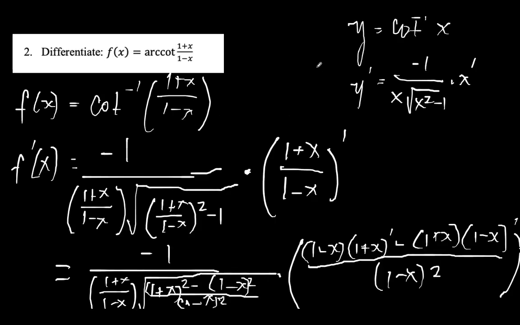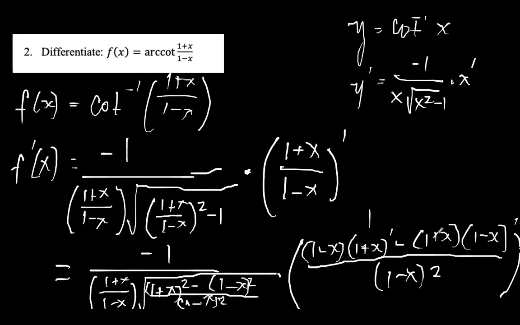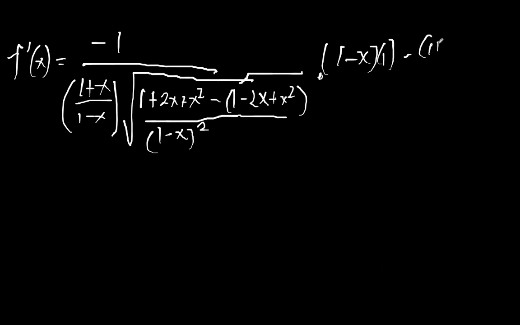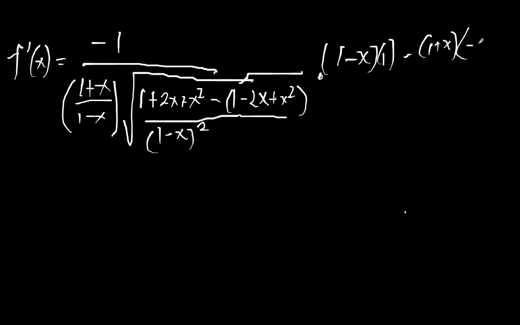Okay, and let's simplify this, the quotient rule. So this becomes 1 minus x times the derivative of 1 plus x, which is 1, minus the derivative of this, which is negative 1, times the denominator, 1 minus x squared.